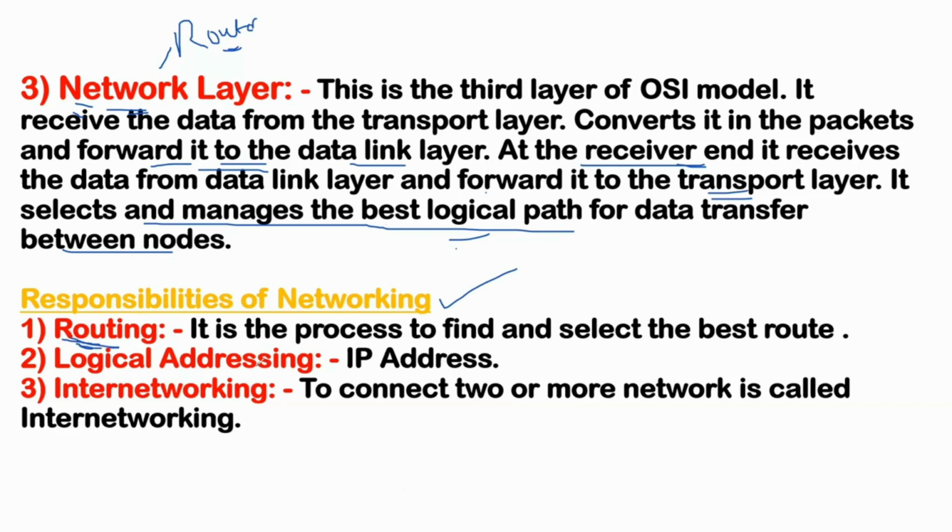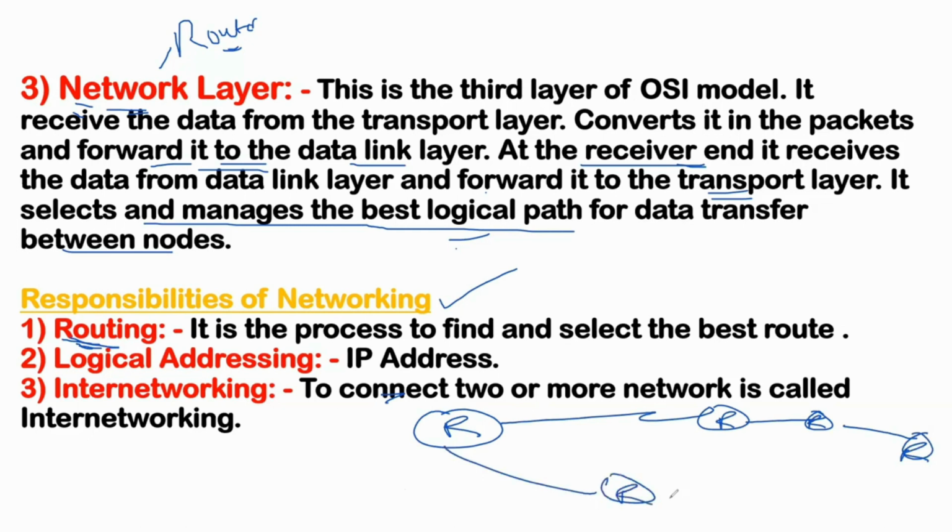Suppose we have this network. In this network we have this router, connected to another router, and another router, and one more, and here we have one. This is the topology. Under this topology we have switches and systems also available, but I'm just drawing this router topology only.